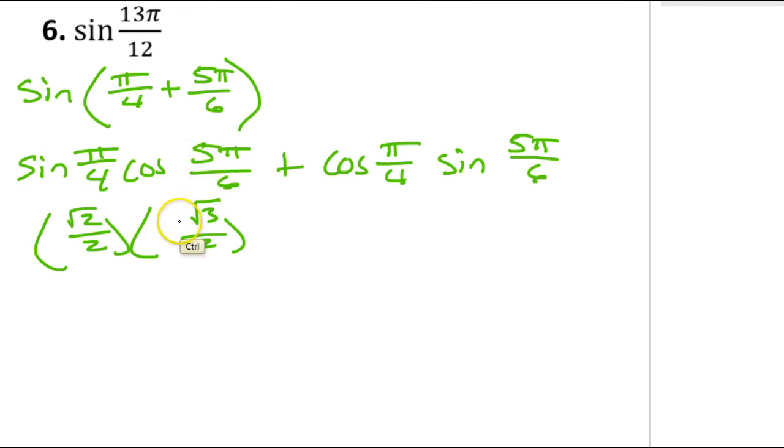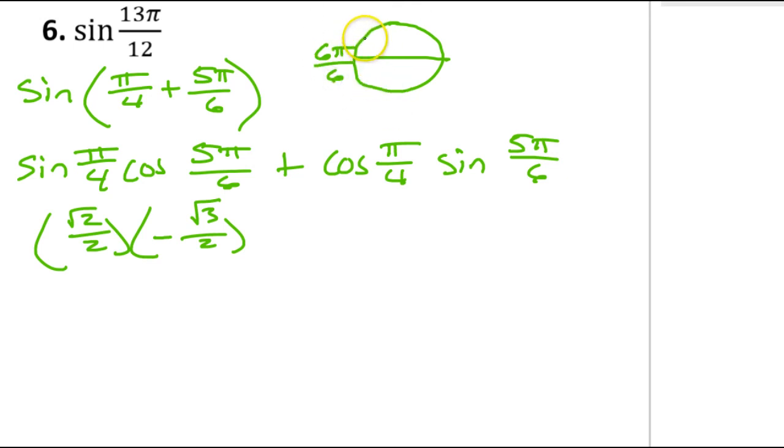So the cosine of 5 pi over 6 will be the same thing, but maybe it's negative radical 3 over 2. I don't know. I have to consider the quadrant for that. So in my mind, this is what I'm thinking. The reference angle is pi over 6. So I know that 6 pi over 6 is the same thing as pi.